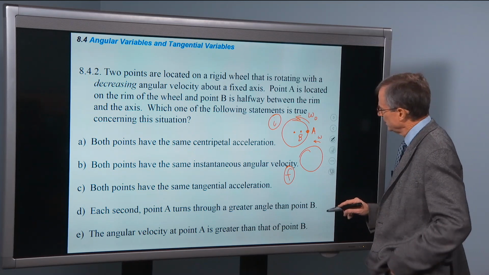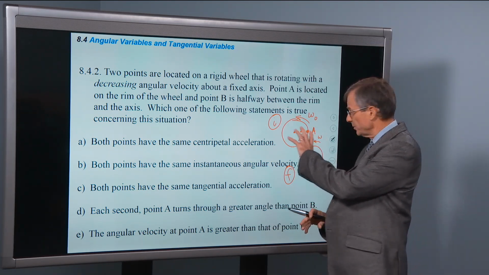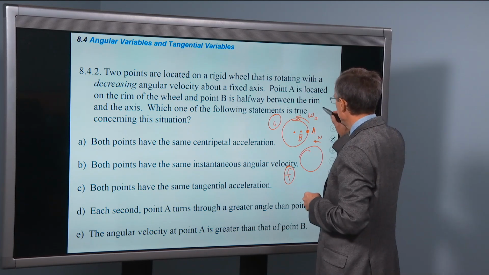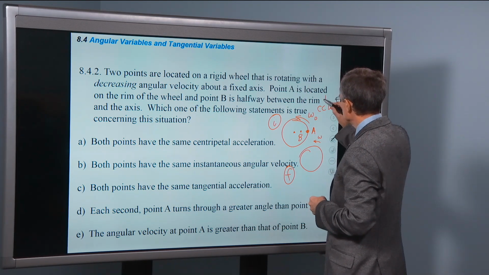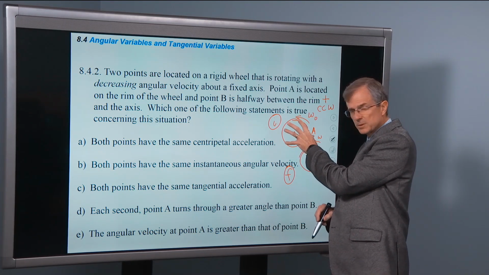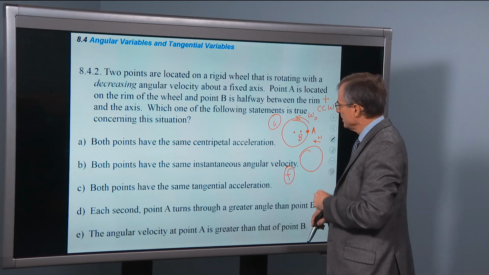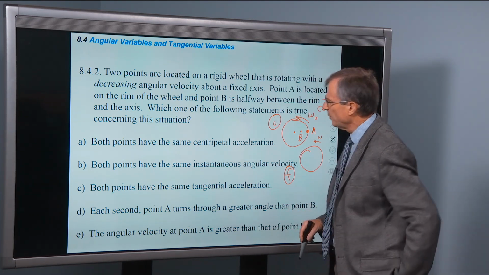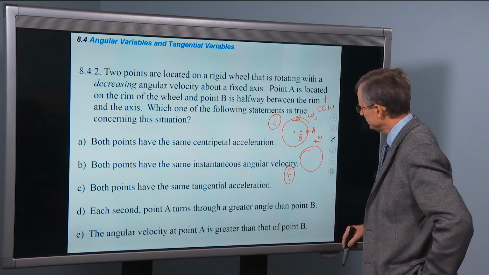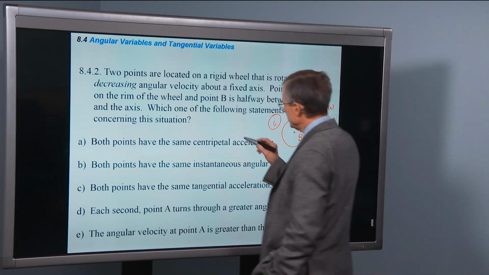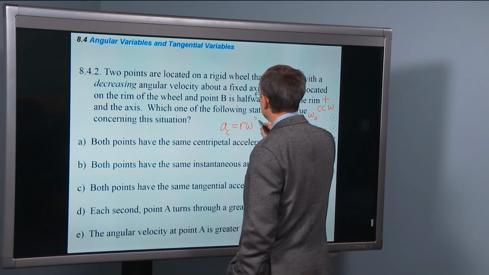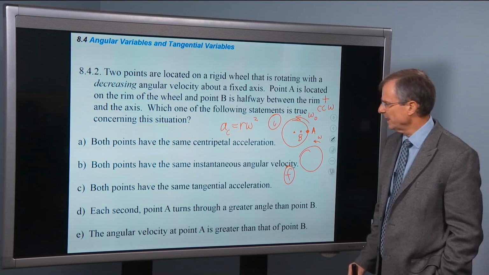Okay. So what we're imagining here is we've got a wheel that's spinning fast in a counterclockwise manner. That's positive direction, but it's getting slower and slower and slower. So what's true? Both points have the same centripetal acceleration. Well, the centripetal acceleration, as we worked out, is given by r omega squared.